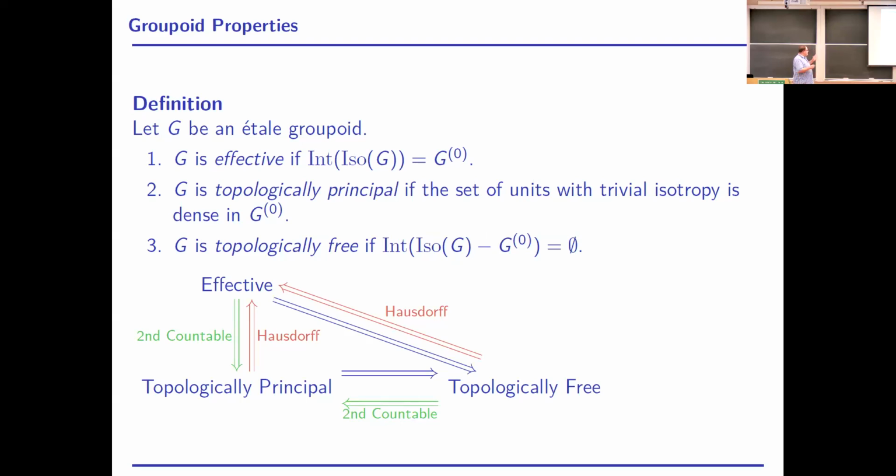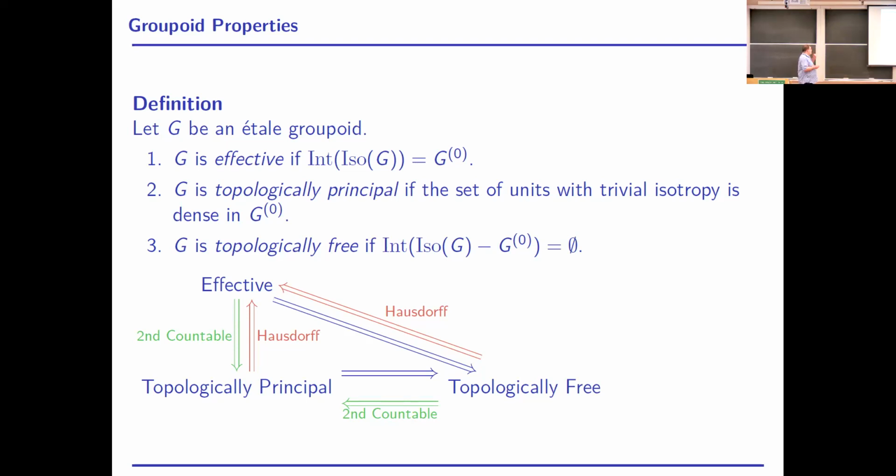And so we get this nice diagram, where the green shows the implications when the groupoid is second countable, the red shows the implications when it's Hausdorff, and the blue is just the implications in general. If you have a second countable Hausdorff groupoid, all three of these coincide.